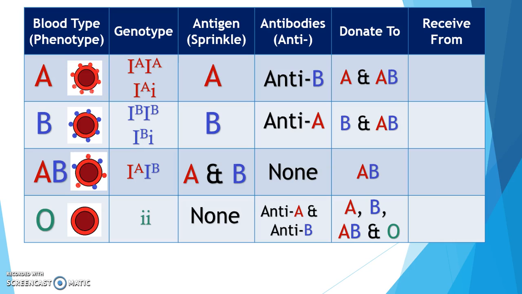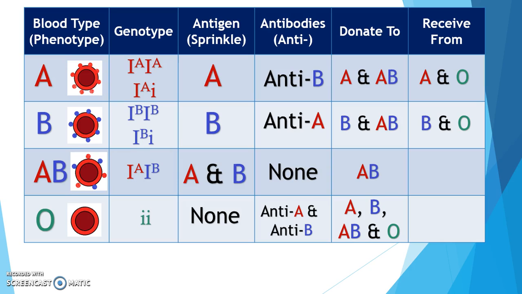So the other side of donating is receiving. A person with type A blood can only receive blood from another individual who either has the A antigen only or who has no antigens. So they can receive from a person that's type A or type O. A person who's type B blood can only receive from a type B or type O individual.